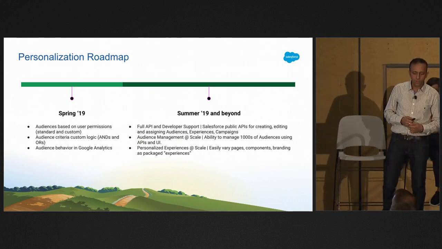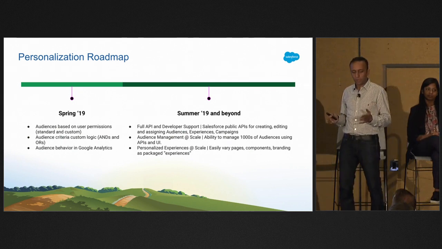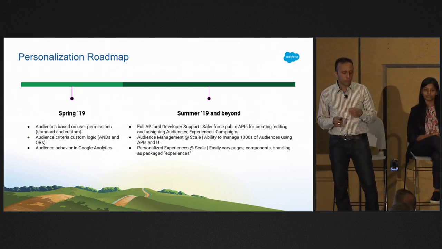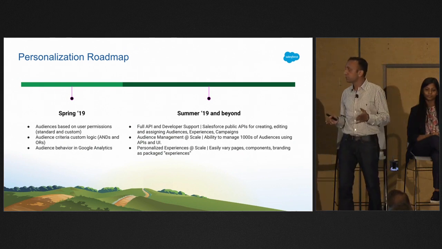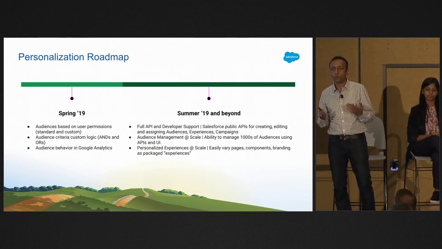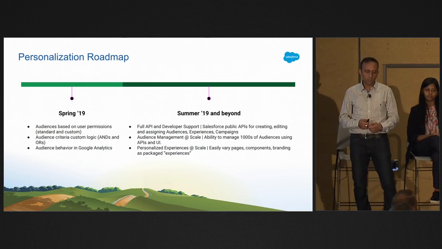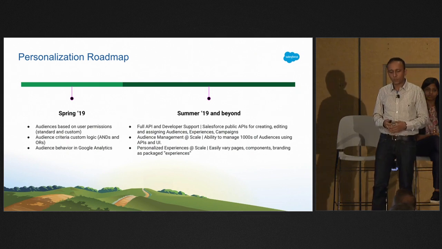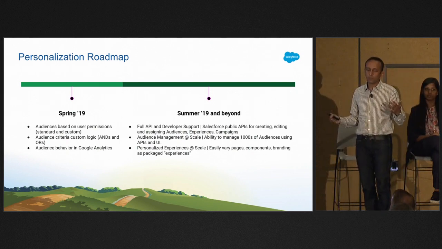so you can go there and analyze your audiences. Summer 19 and beyond, we want to have full API support for audiences. So you can do full CRUD on audiences, and we want to expose it as one of the platforms that you can use openly and do whatever you want using audiences. Audience management at scale: we want to have thousands of audiences which you can assign and use in a generic way.